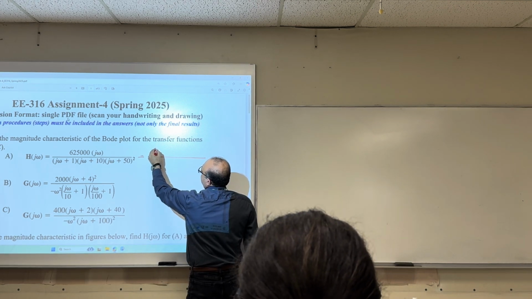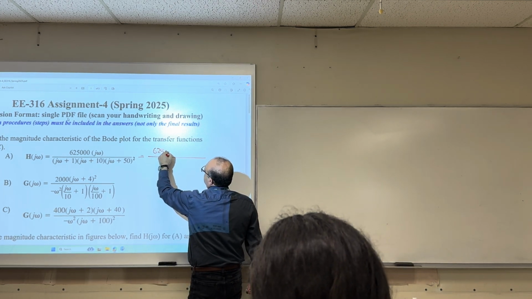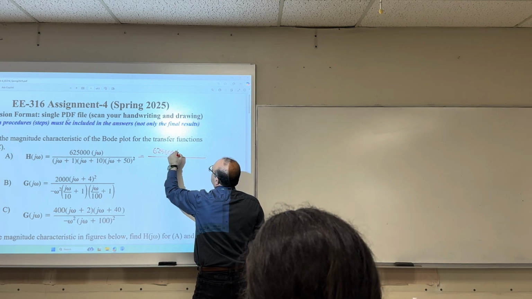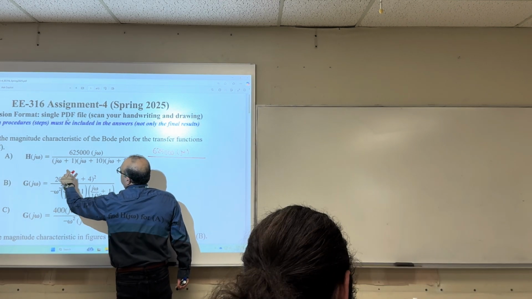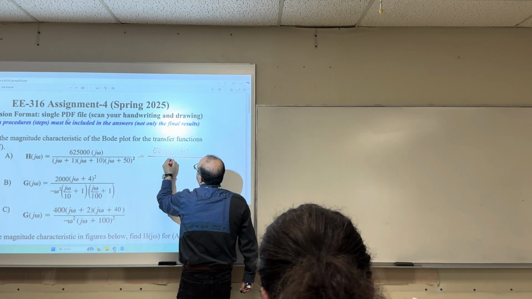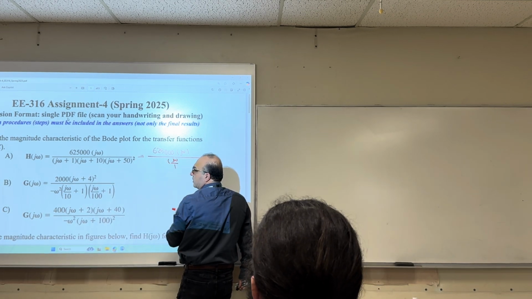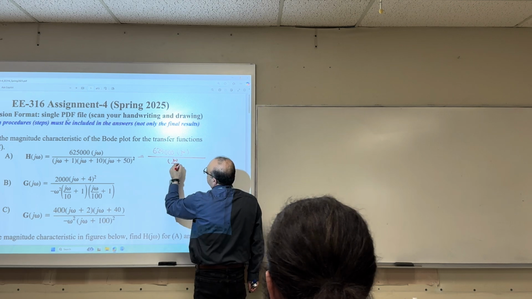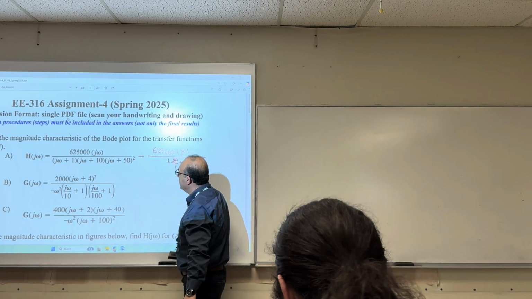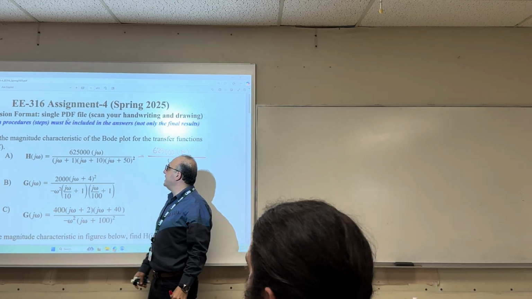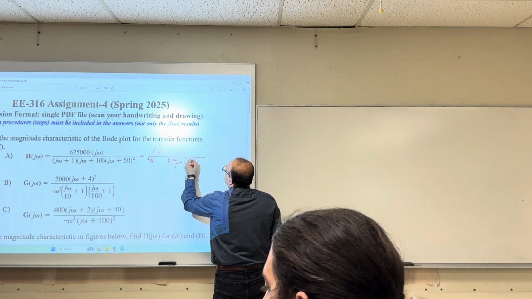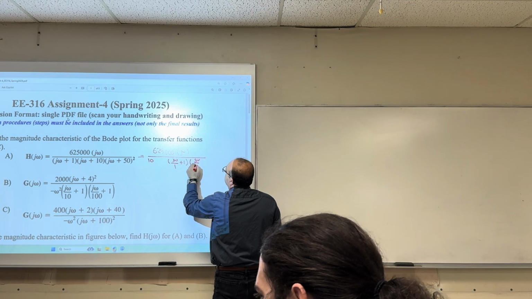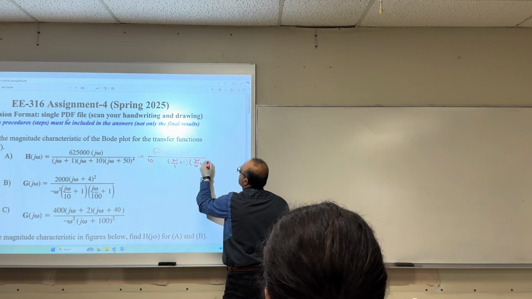It's 6.25, 0, 0, 0, j omega. This is also standard. j omega over 1. I put 1 to not forget what's going on. This one I have to take 10 out. It's going to be 10 j omega over 10 plus 1.